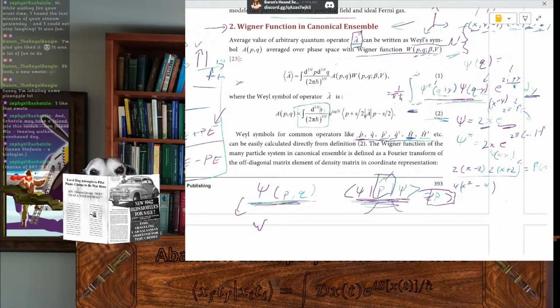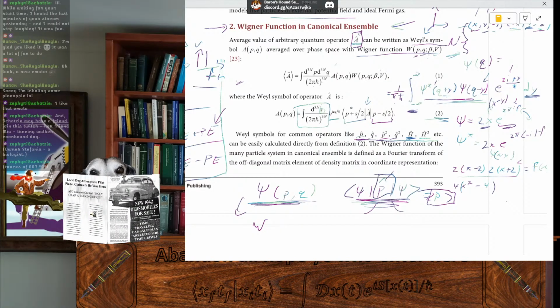All right. And then we're taking our operator and we are putting it in. So we have this complex exponential, which, if you squint at it, looks kind of like a Fourier transform. Hint, hint. And then we are taking the inner product over p plus s over 2 and p minus s over 2.